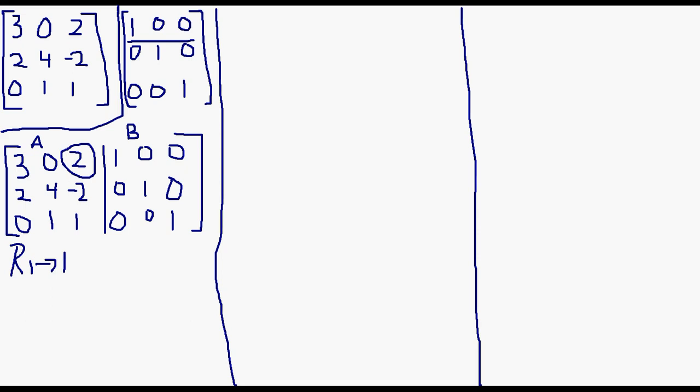Row 1 plus row 2. We are performing only on row 1, so let's quickly write all the rows down. The rows that you are not performing on, let's write them down.